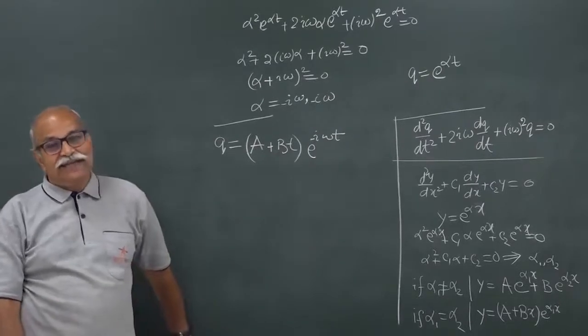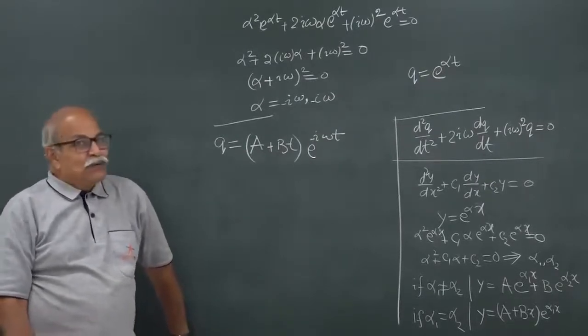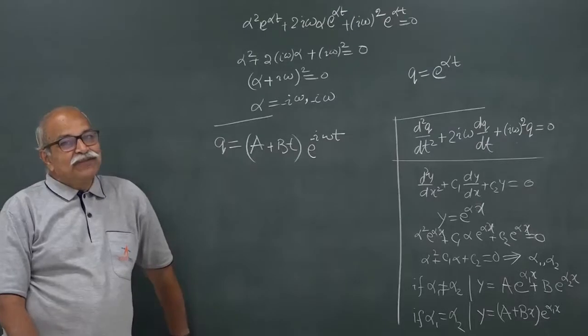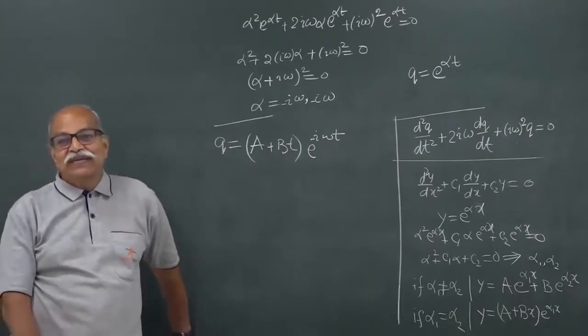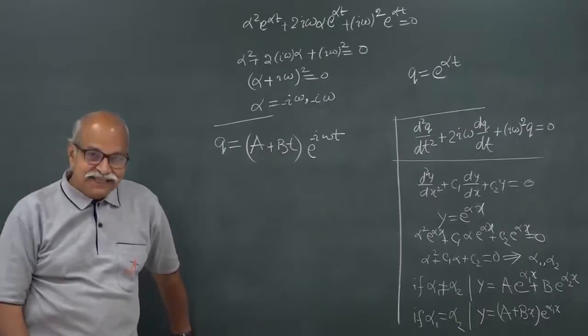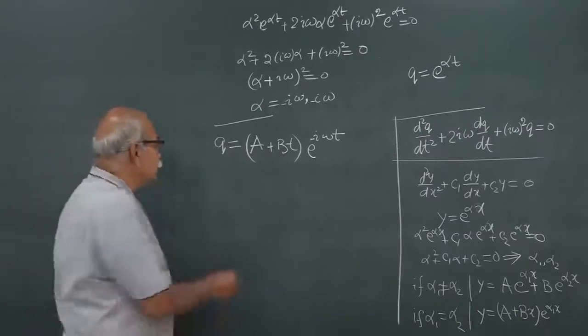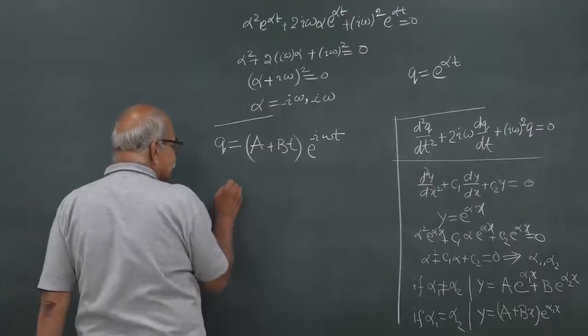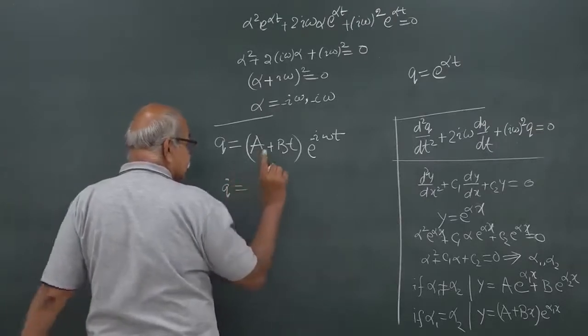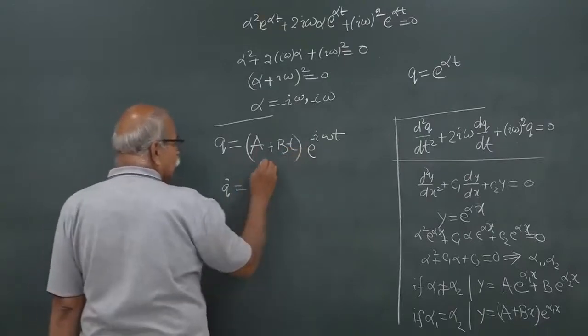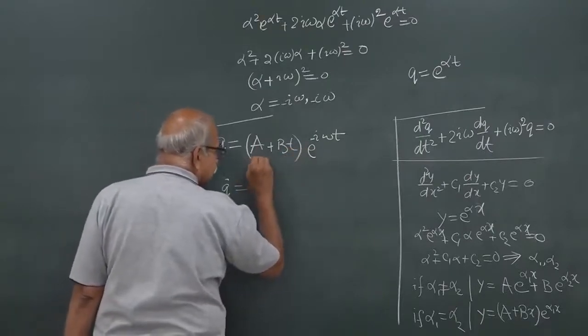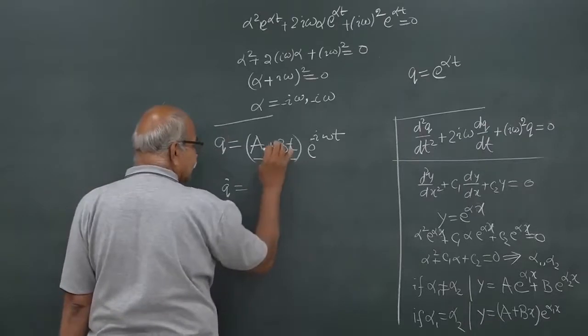What are these arbitrary constants capital A and capital B, and how do we get them? From the initial conditions. If this is q, dq dt will be, you have t here, you have t here. So, I put this thing here, I differentiate this.